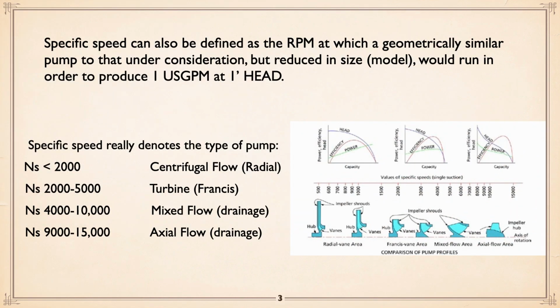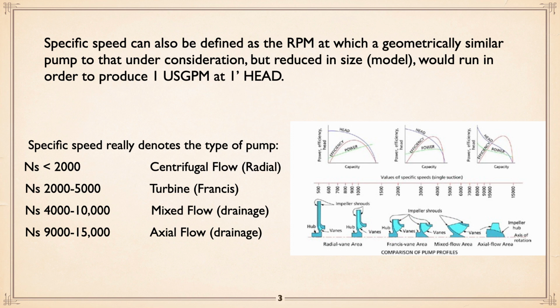Now, another definition of specific speed is the RPM at which a geometrically similar pump to that under consideration but reduced in size, like a model, would run in order to produce 1 gallon per minute at 1 foot head. Now, what does that really mean? When you start looking at pumps and the specific speeds, specific speed below about 2000 is considered centrifugal flow or radial.